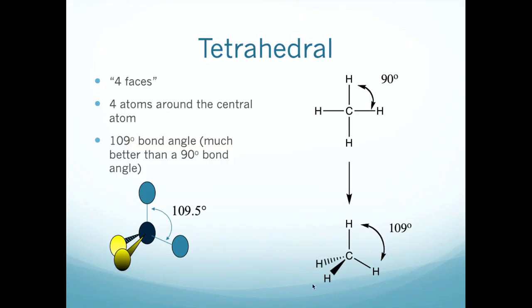Quick note here about the notation we've got. This is one way of representing a 2-dimensional or 3-dimensional molecule on 2-dimensional paper. This solid wedge tells you that this hydrogen is pointing towards you, and this dashed wedge means that this hydrogen is pointing away from you. Don't stress too much about using this kind of notation.